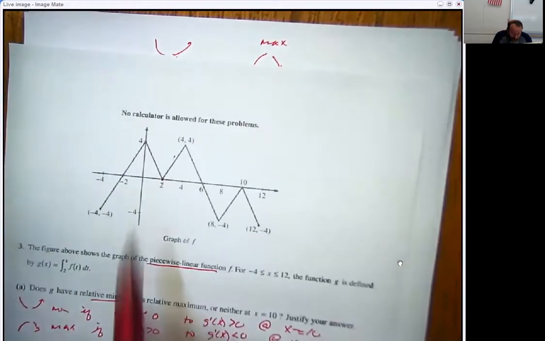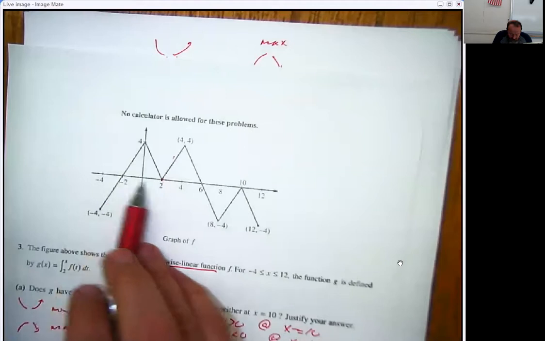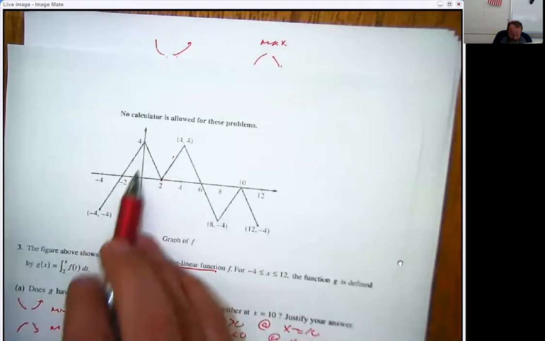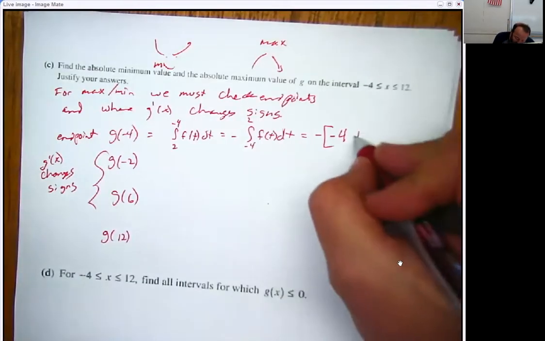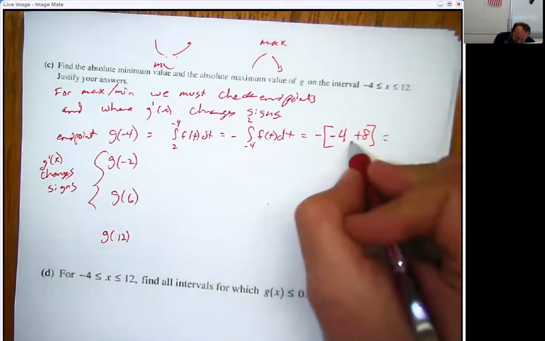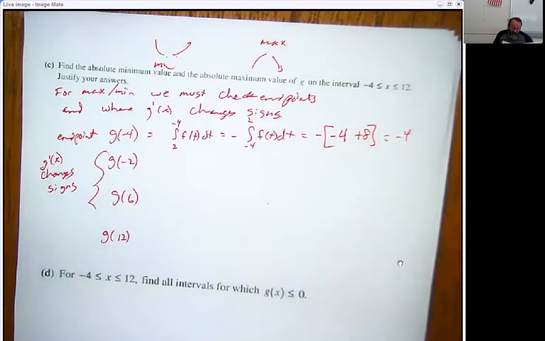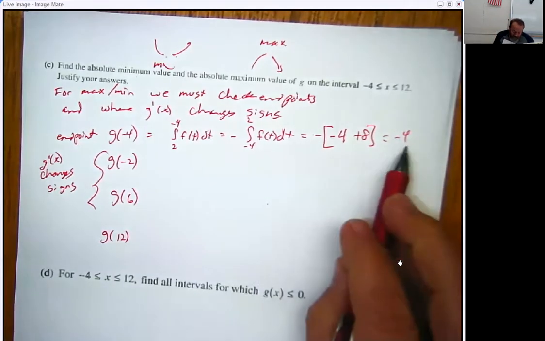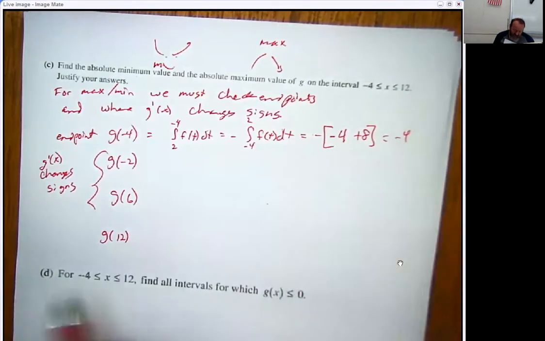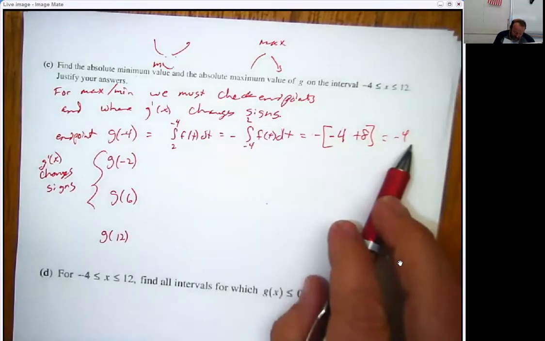Then from -2 to 2 has a nice little triangle, base of 4, height of 4. 4 times 4 is 16, so the area of that triangle is 8. And so if you put that together, we end up with 4 inside, but that negative. So that tells me that the area under that curve, as you proceed from the far left to the number 2, is actually -4.